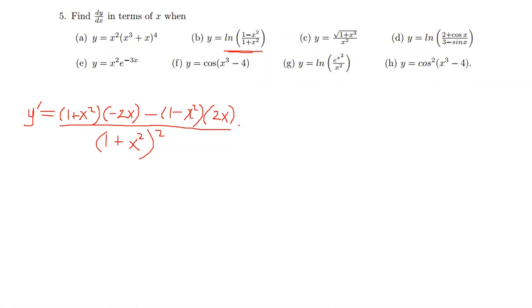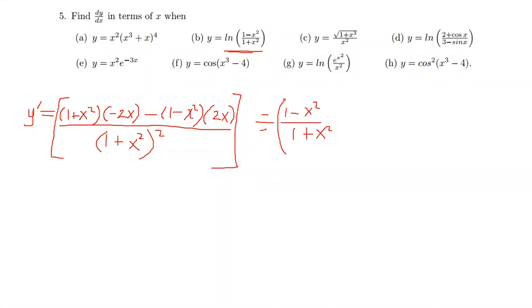So here is just a matter of simplifying this. And then since we are finding y prime, after differentiating this using the chain rule, we have to divide by the original function. So when we divide that by the original function, we are going to have 1 minus x squared over 1 plus x squared.